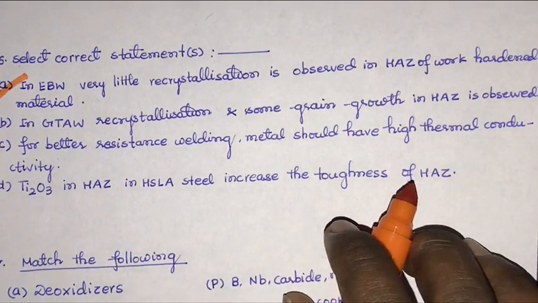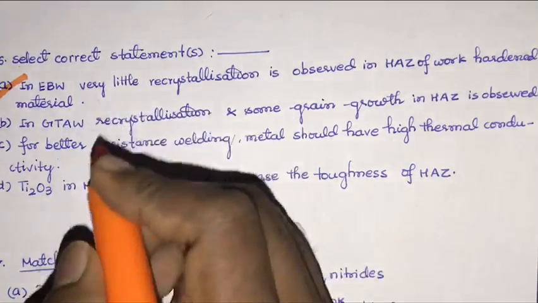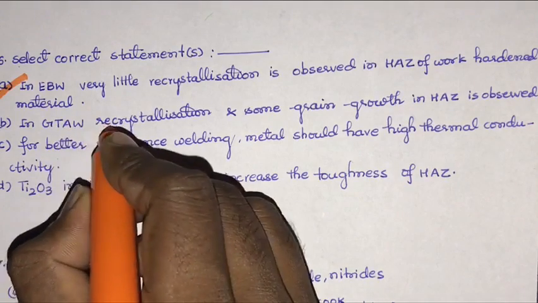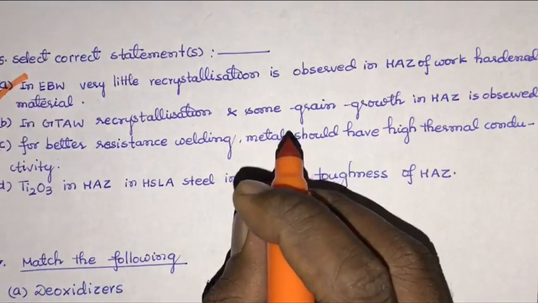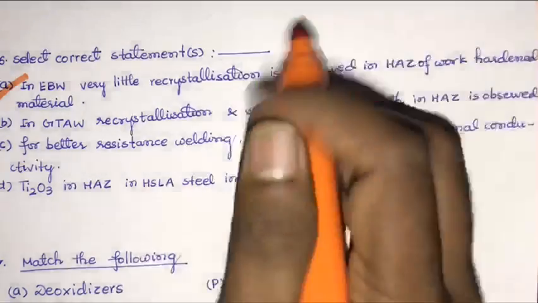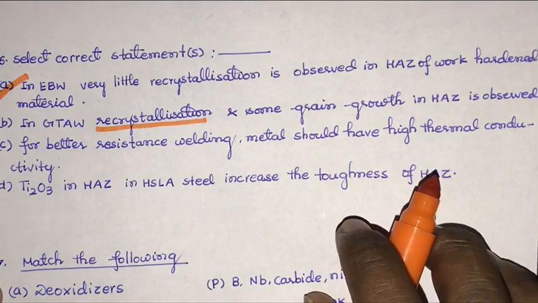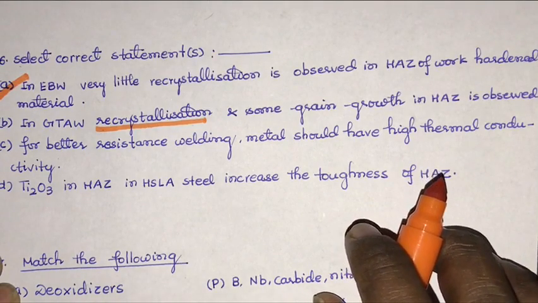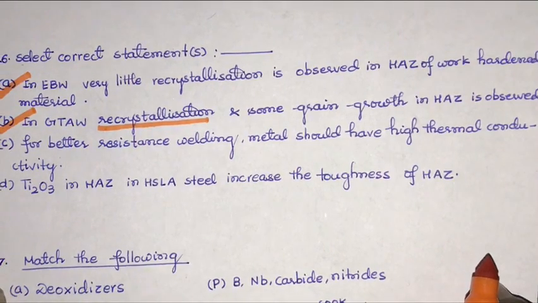Coming to the next. In gas metal arc welding, recrystallization and some grain growth in the heat affected zone is observed. This is absolutely correct, because in that case heat input is higher and the cooling rate is lower, so the grains get a lot of time to recrystallize, and hence grain growth and recrystallization appear significantly.